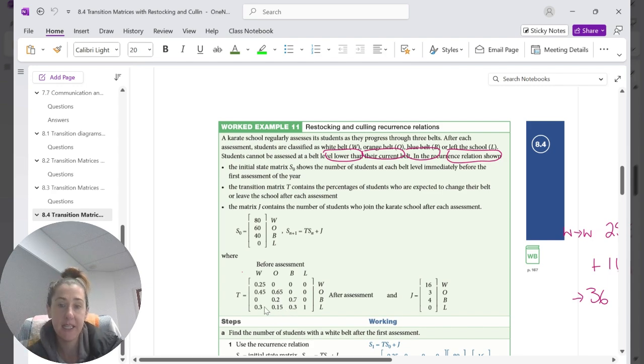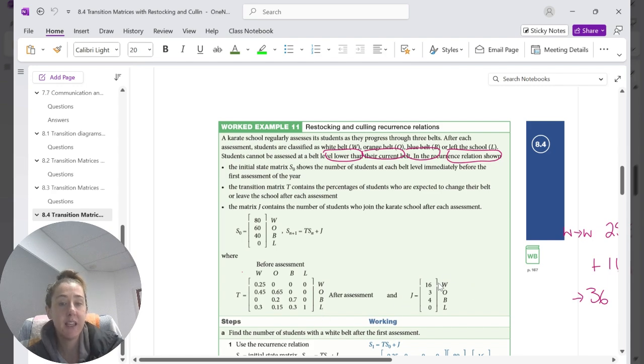They can only assess to the next level. So that's why we haven't got white belt moving to blue belt. White belt and leaving, we've got 30% who were a white belt who are going to leave the assessment. Okay. If they left, then they left. If they were a blue belt, we've got 70% staying at a blue belt. If we've got a blue belt, then 30% are going to leave.